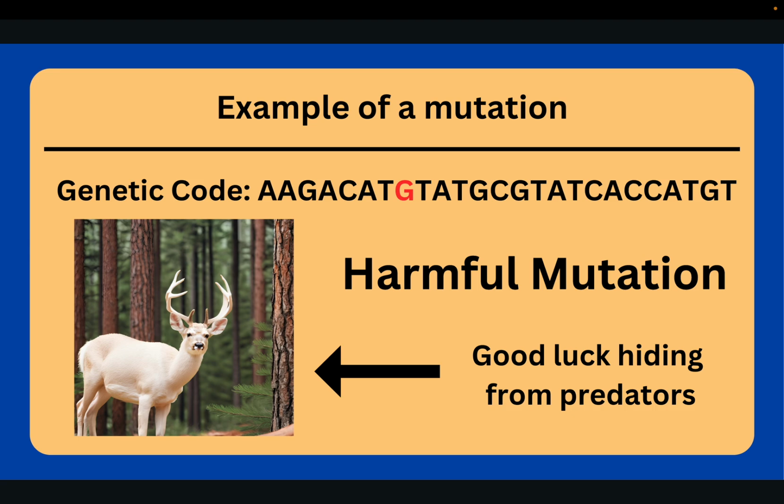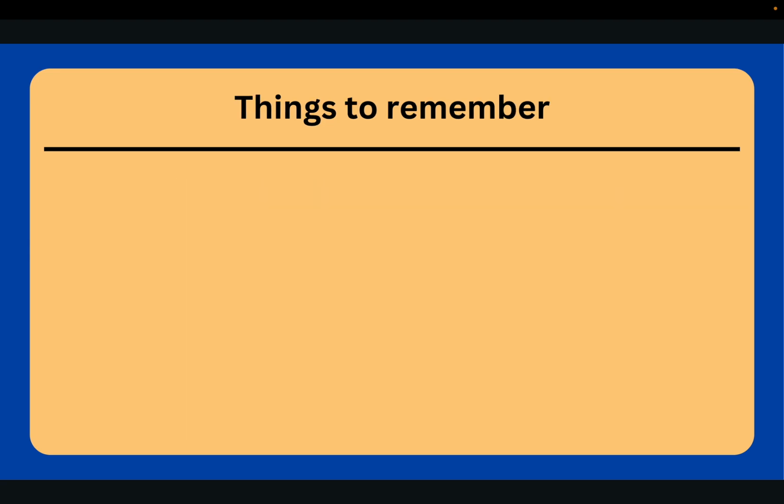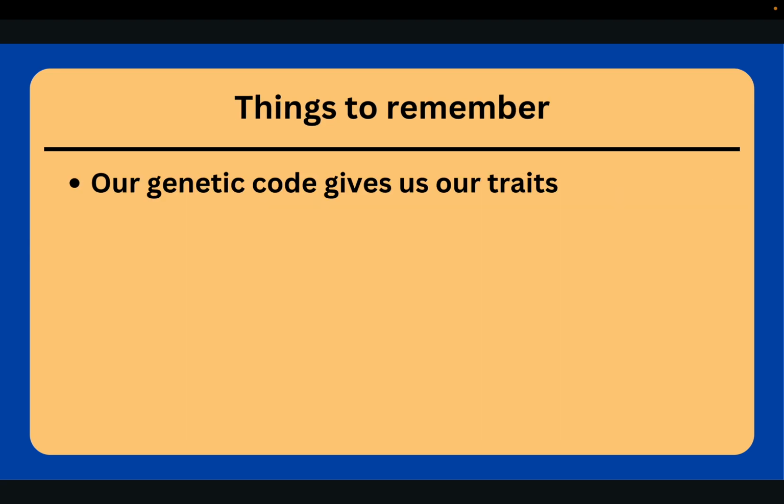You are no longer camouflaged for your environment. I'm going to call this a harmful mutation because he will no longer be able to hide from the predators that would like to hunt him down, whether they be animals or human, right? Because I'm sure many humans would like to have an albino 4-point buck on their wall. I know I would.